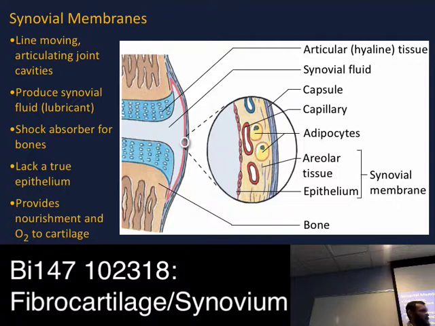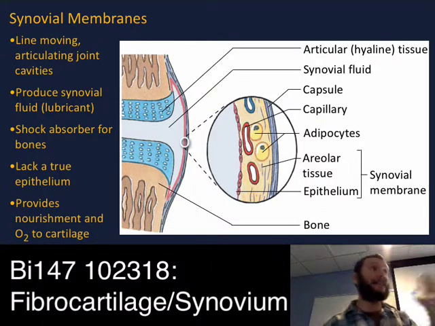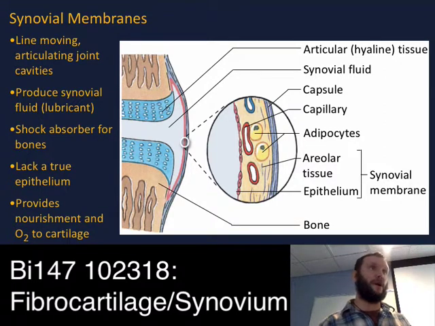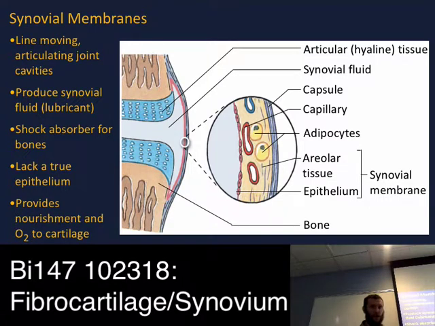And then lastly, it is the fluid that contains the oxygen and nutrients and water that the chondrocytes here in the hyaline cartilage, in the articular cartilage, are going to need. So that's how the cartilage, the synovial fluid in the joint is how that articular cartilage gets what it needs to survive. All right, synovial fluid.